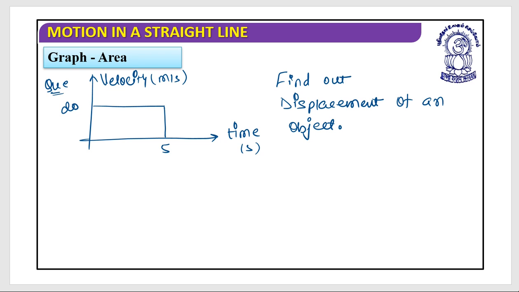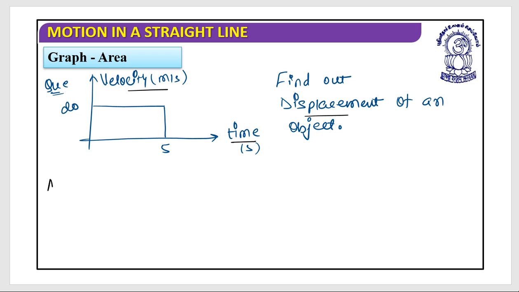At the very first step, just close your eyes and imagine which graph I have been given: it's velocity versus time. What I require is displacement. Would displacement be on the forward side or on the backward side? Yes, you assumed it correctly, it is on the backward side. If it is on the backward side, do I need to find out a slope or an area? For backward, it would be an area.